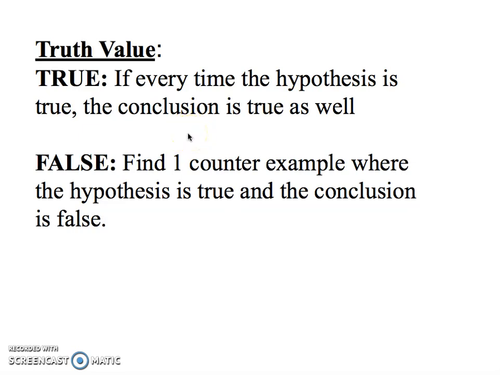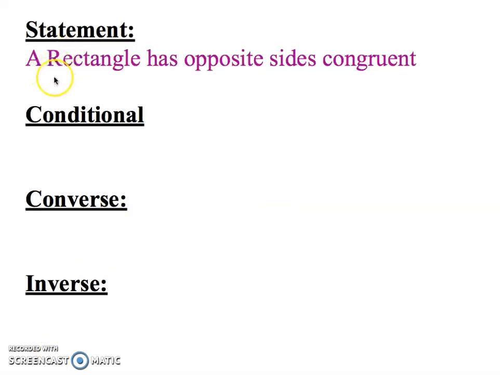If your sentence is false, you'll have to provide what's called a counterexample, which means you'll have to give a reason or give an example of when the sentence is false. So here's how your questions will work in general. This is a statement. The conditional for that statement, we would also have to write.